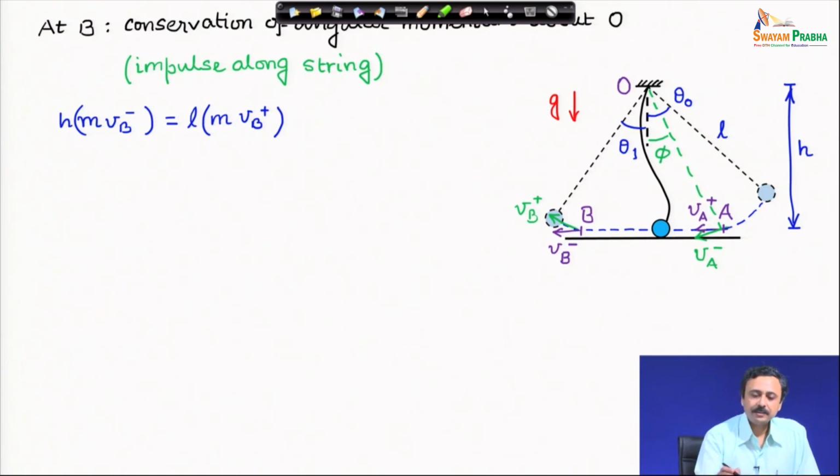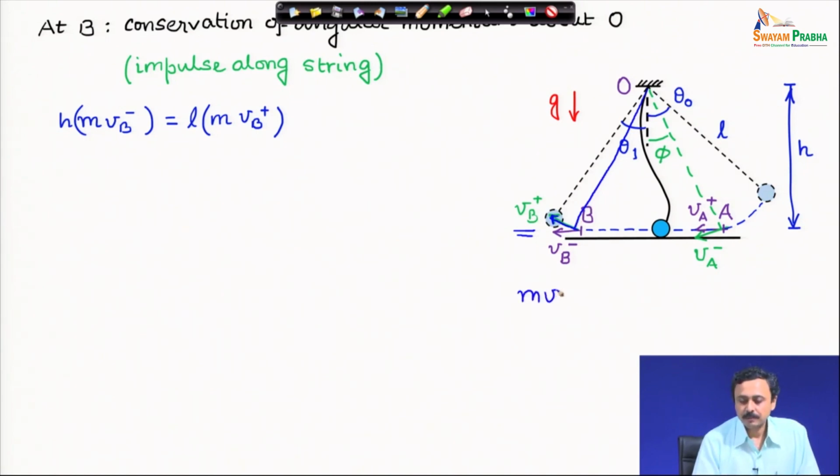Right hand side, this velocity V B plus, just after the impulsive force has acted, is moving in an arc just like a pendulum does. Therefore, this velocity must be perpendicular to the string.